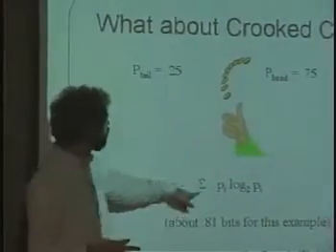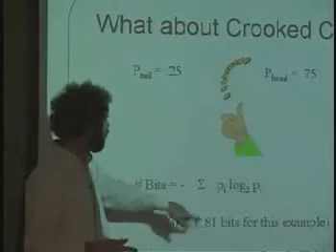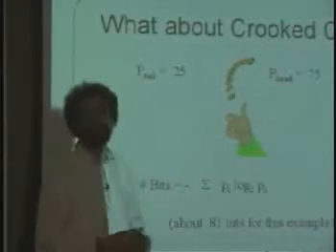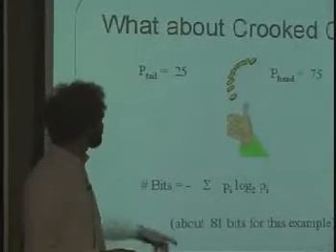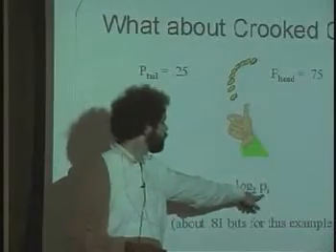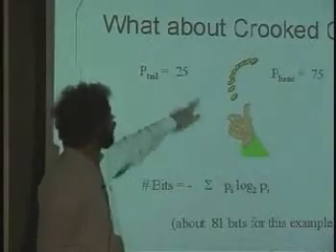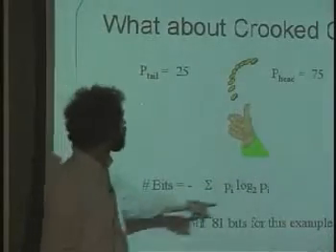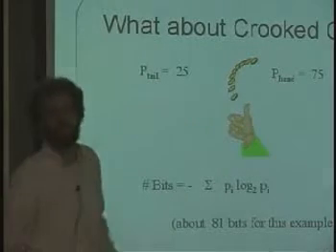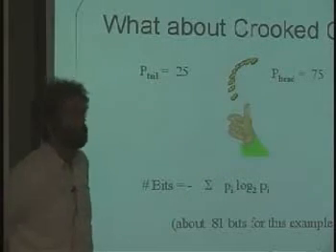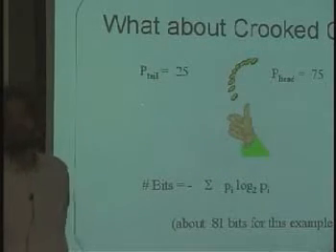In this case, there are 2 of them because we only have 1 coin toss, and i is either 0 or 1. One of the probabilities, p sub 0, would be 0.25, and the other, p sub 1, would be 0.75. And you take the log of the probability base 2.